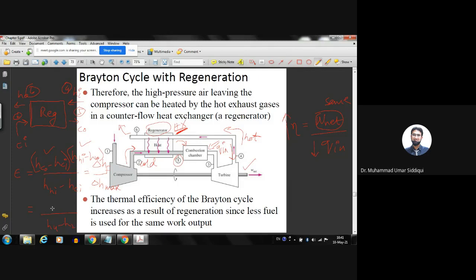In the numerator I can use any one of them. For the cold stream, it should be cold out minus cold in, so it will be H5 minus H2. This becomes the effectiveness of the regenerator. Or if I want to use the hot stream, then it should be H4 minus H6. So these are the two formulas for the effectiveness of the regenerator. Do you understand how we determine this formula? How we develop the formula?